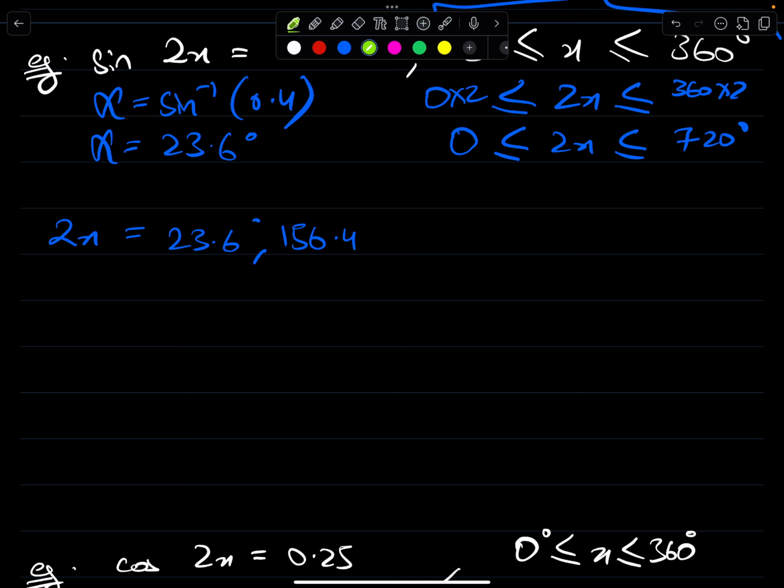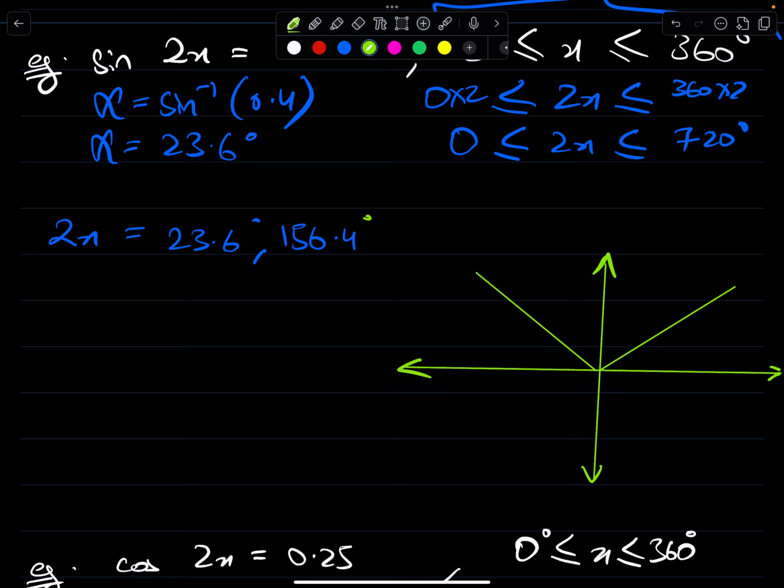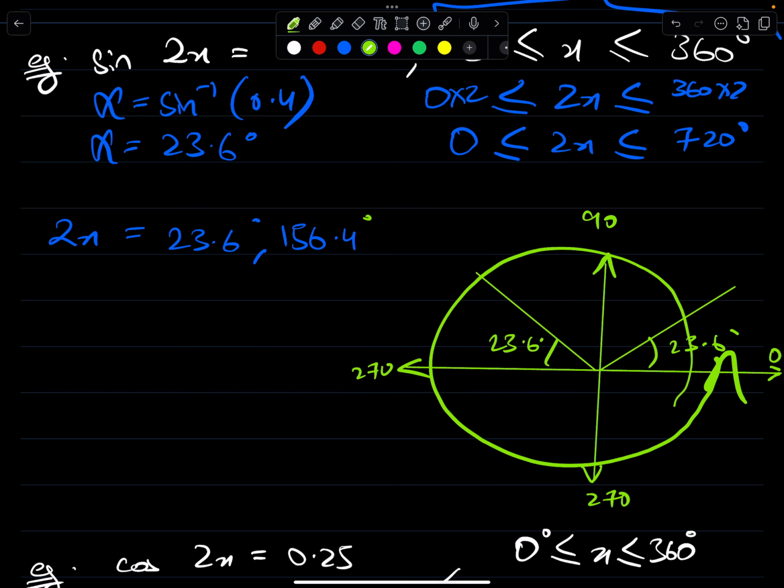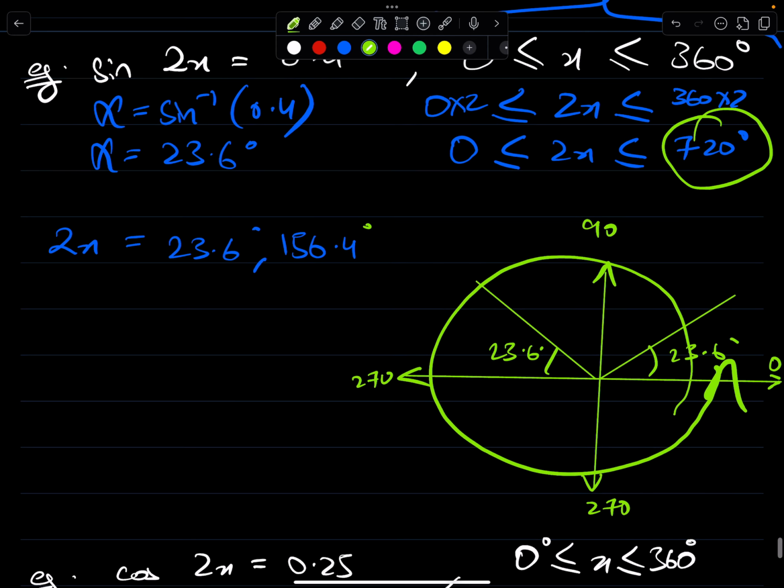We will still continue because, in a graph of ASTC, we have 23.6 degrees here, 23.6 degrees here, and this is 0, 90, 180, 270, and 360. One cycle is of 360 degrees, but in the range we have 720 degrees.